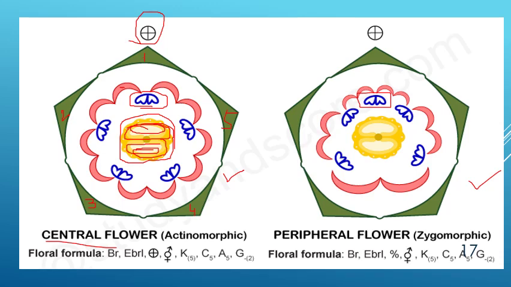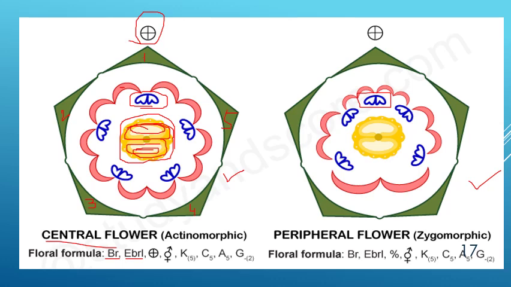So now we talk about the floral formula of this family. Here we have two flowers, so we have two floral formulas. The first one: this indicates that the flower is bracteate, or bracts are present. This indicates the presence of bracteoles.